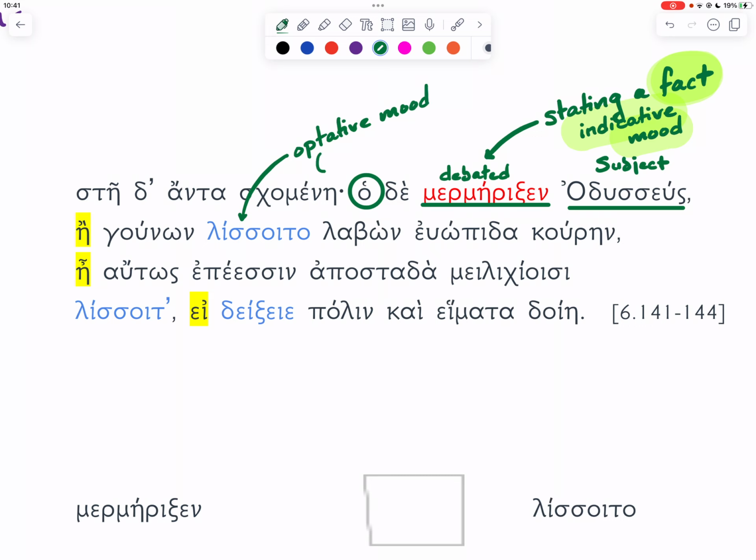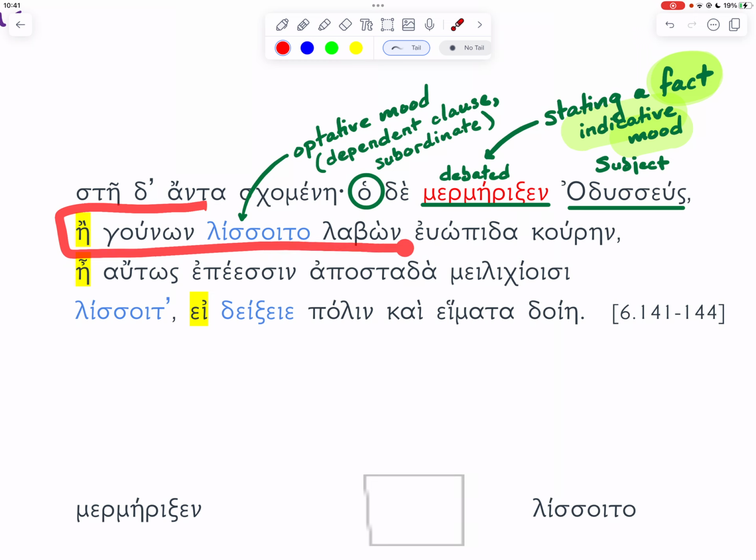An optative usually occurs in a dependent clause, which means something that cannot be a sentence on its own. If you want to use the big boy word instead of dependent clause, you could call this a subordinate clause. A dependent or subordinate clause cannot be a real sentence if it stands on its own.